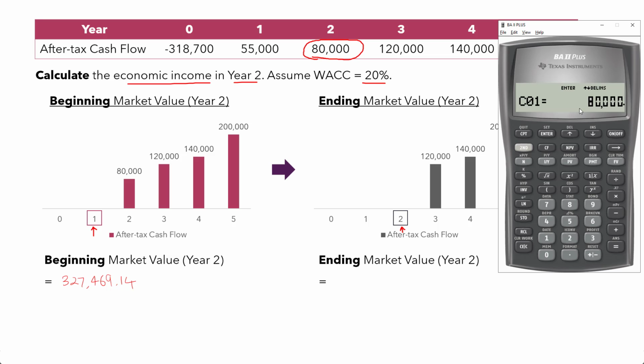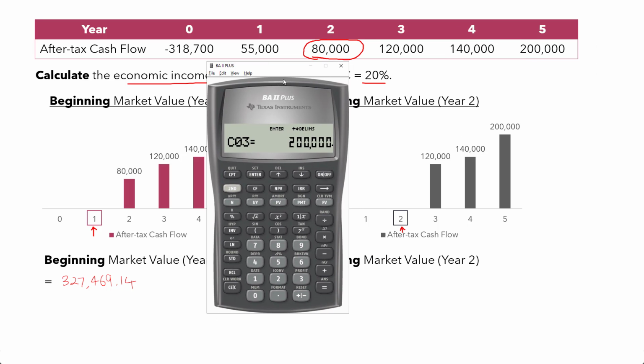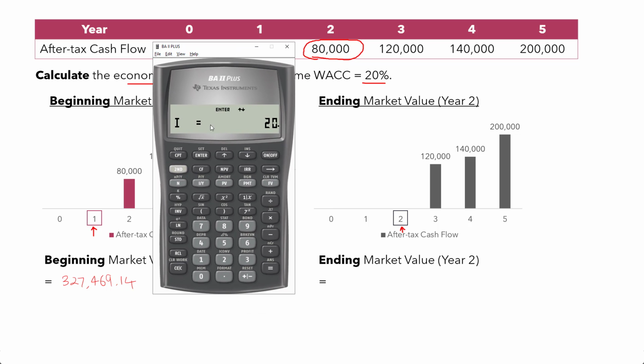Scroll down to CO1, 80,000, and press second and the up button to activate the delete function. Now all the cash flows from years 2, 3, and 4 are moved forward, so the first cash flow is 120,000, followed by 140,000 and 200,000. You do not have to re-enter everything. Just click NPV, scroll down and compute. This is the ending market value for year 2, which is 312,962.96.